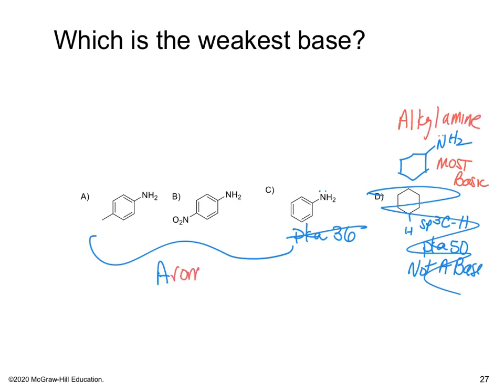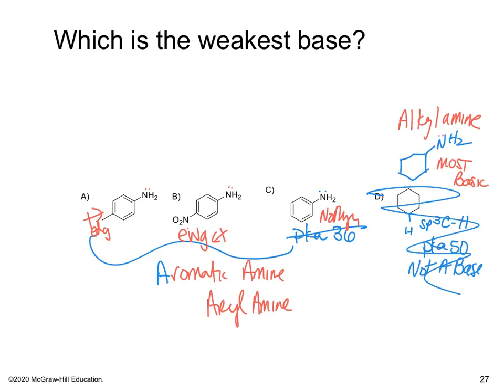These are all aromatic amines or aryl amines. This one has an electron donating group. This has nitro as an electron withdrawing group, so it's pulling the electron density away. And this one has nothing.